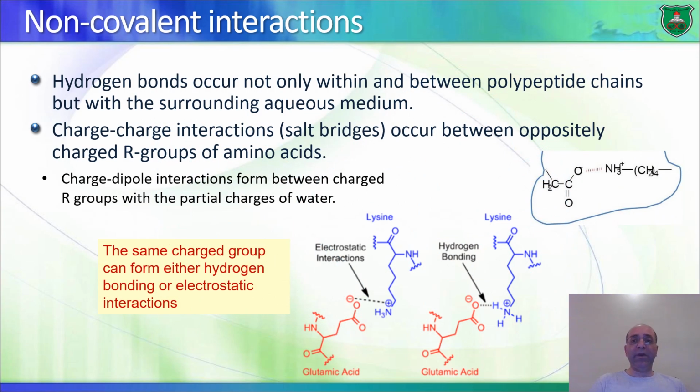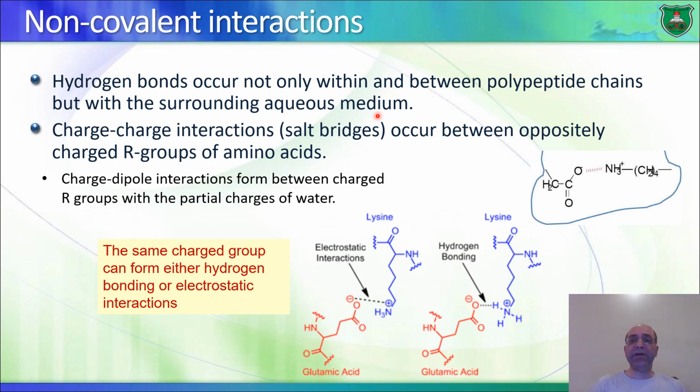Now, so we have these non-covalent interactions, and these are important in determining protein structure. So hydrogen bonds, for example, occur not only within or between polypeptide chains, but also with the surrounding aqueous medium. Okay, that is where this protein is dissolved. Here we're talking about the solvent, like the water, the salt solution, a buffer, or whatever.